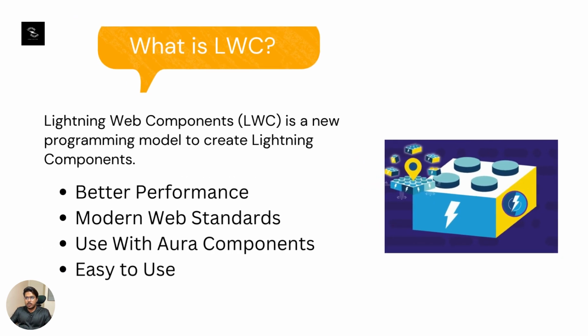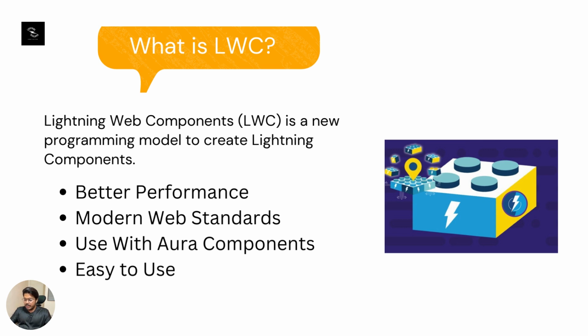So first we will discuss what is Lightning Web Component. In simple words, Lightning Web Components is a programming model to create Lightning components. Earlier, Lightning components were created by the Aura component. Aura is a framework which was introduced by Salesforce in 2014.